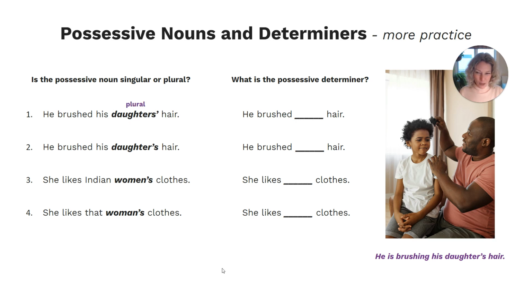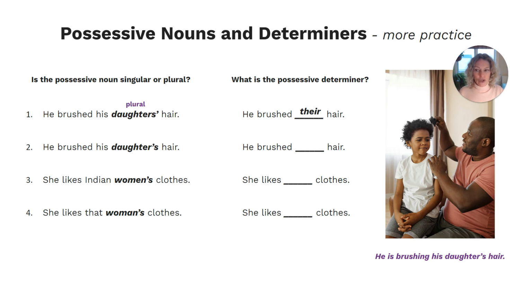I hope you guessed plural, because notice the apostrophe comes after the S. All right, so if we were going to use a possessive determiner to refer to the daughters, what would it be? It would be their. He brushed their hair. So this father has many daughters, and he brushed their hair.